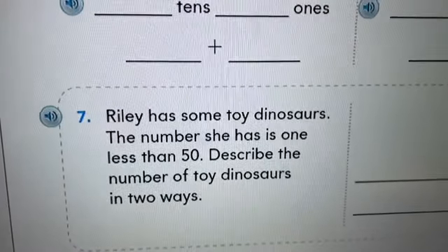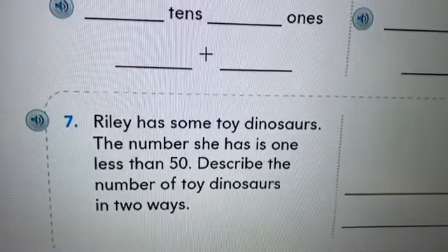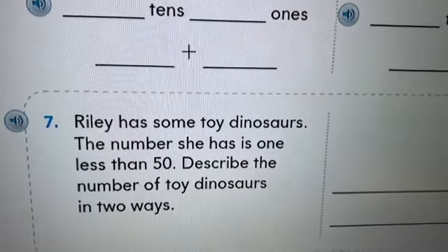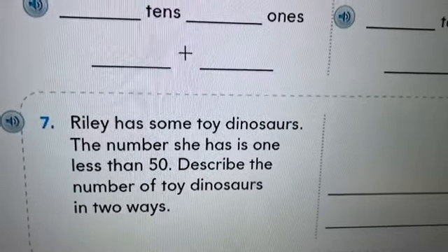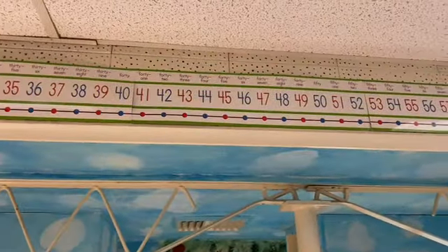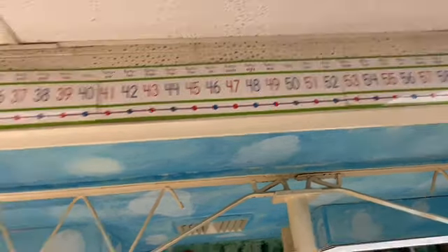Riley has some toy dinosaurs. The number she has is 1 less than 50. So what's 1 less than 50? You see the number 50 in blue, 1 to the left would be 1 less. And then you can write that up in 2 different ways.